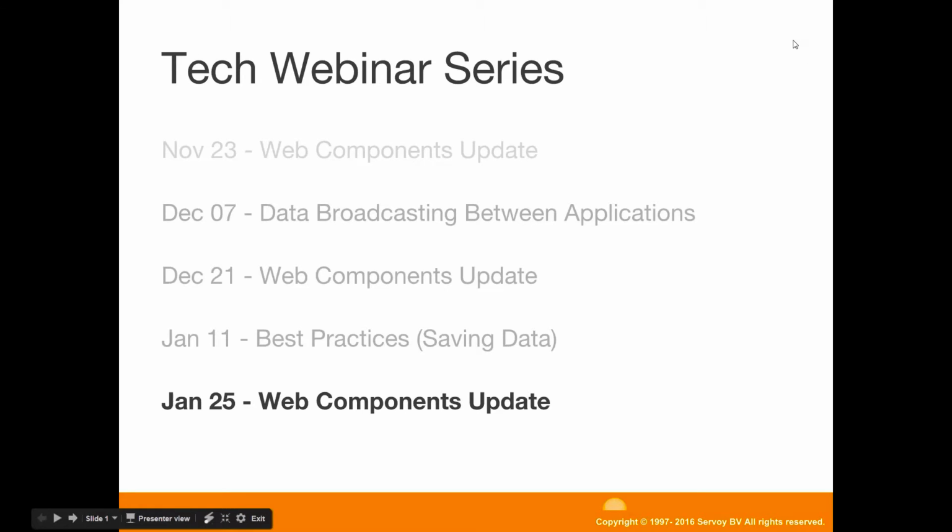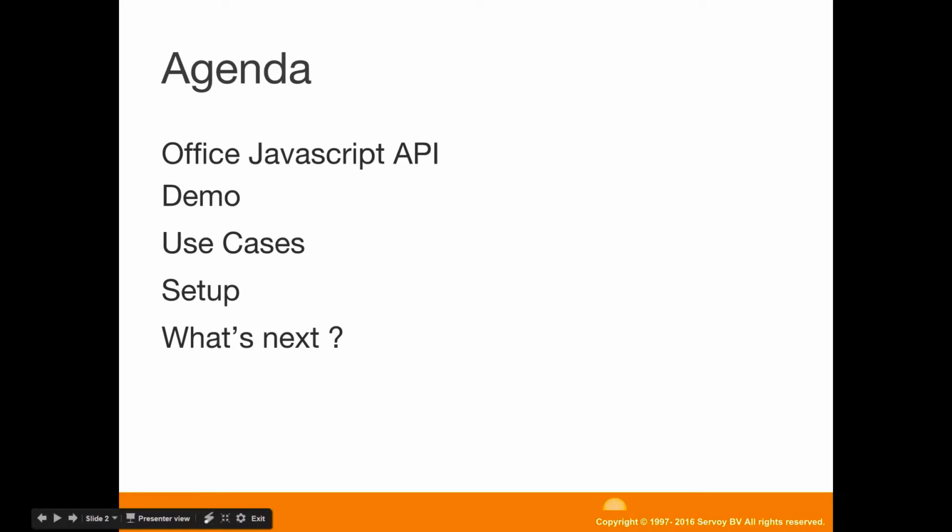Yeah, so this one is number 6, and we're trying to alternate a bit between what's new available for the NG client in terms of web components and other more traditional topics. So this week, we're doing another update on web components, and we are happy to announce the availability of a plugin, really a connector for the Office 365 JavaScript API.